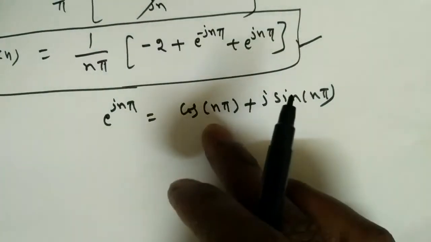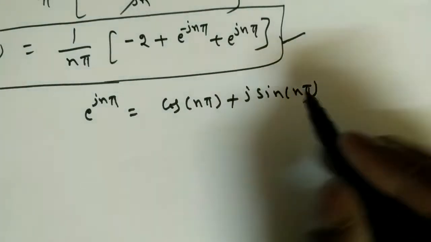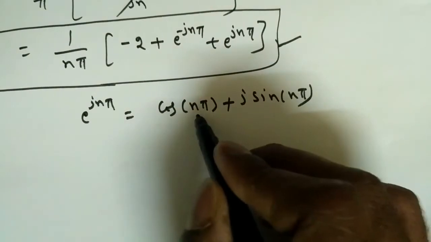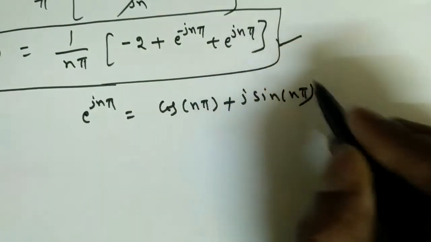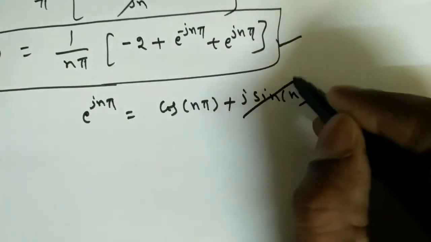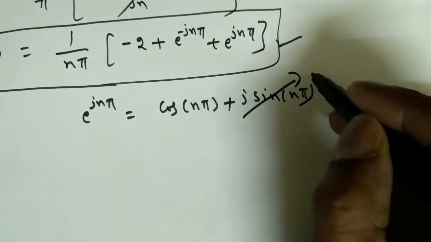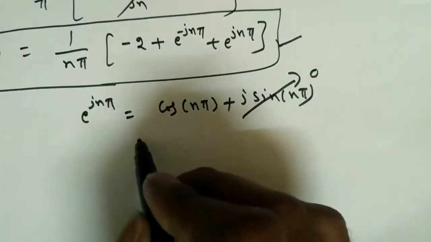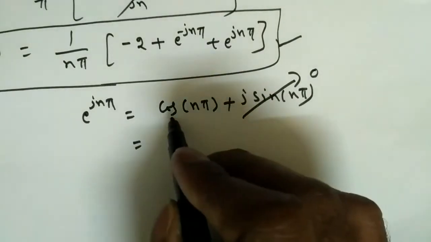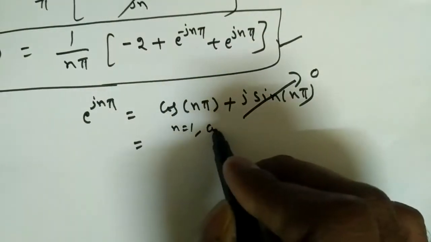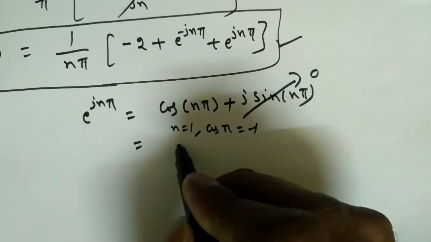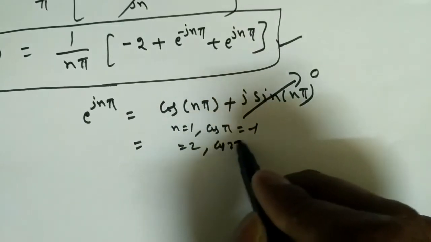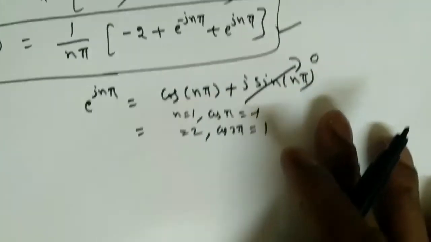For n, what are the values we have to see? If n is equal to 1, it will become cos pi plus j sin pi. So for all possible n, this sin pi, sin 2 pi, sin 3 pi will always be 0. But cos n pi means if n is equal to 1, cos pi will become minus 1. If n is equal to 2, it will become cos 2 pi, that means it will be positive, and so on.